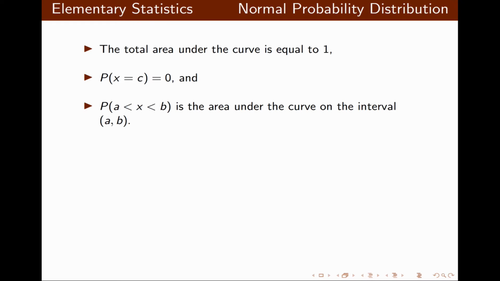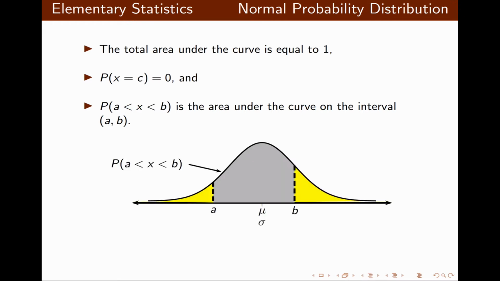And probability that x is between two numbers is the area under the curve over the interval a to b, as is displayed here, and the gray area represents the probability that x falls between a and b.